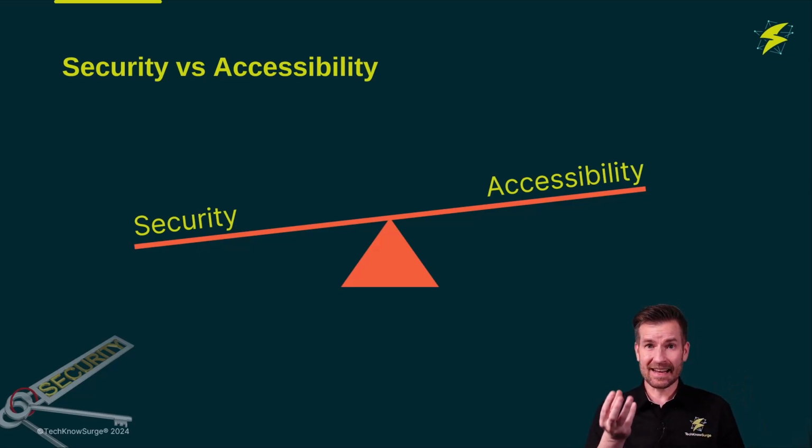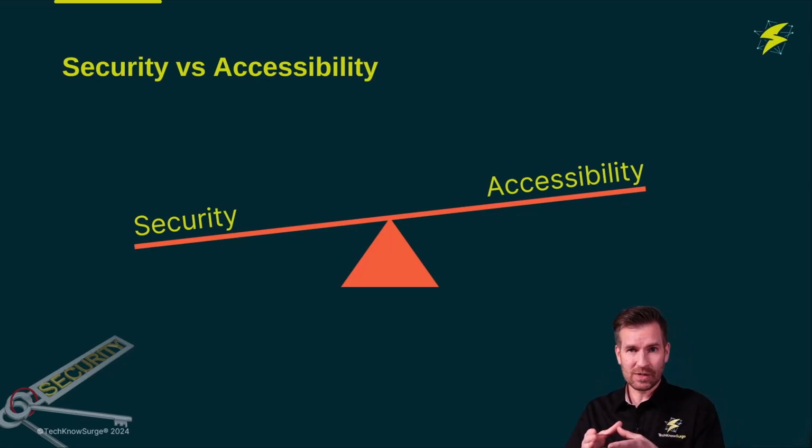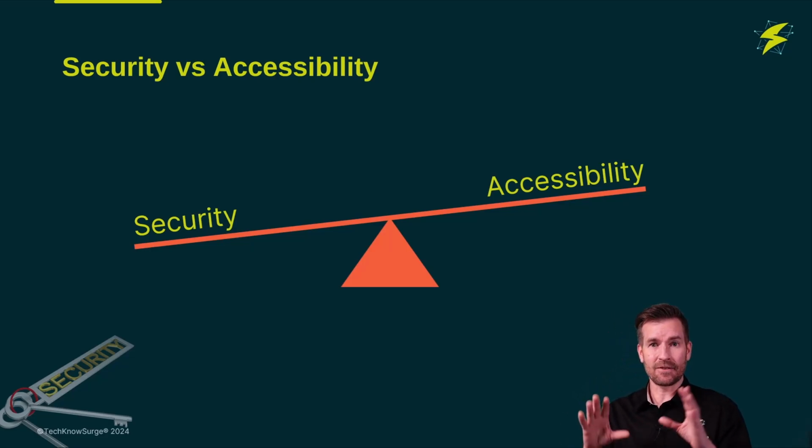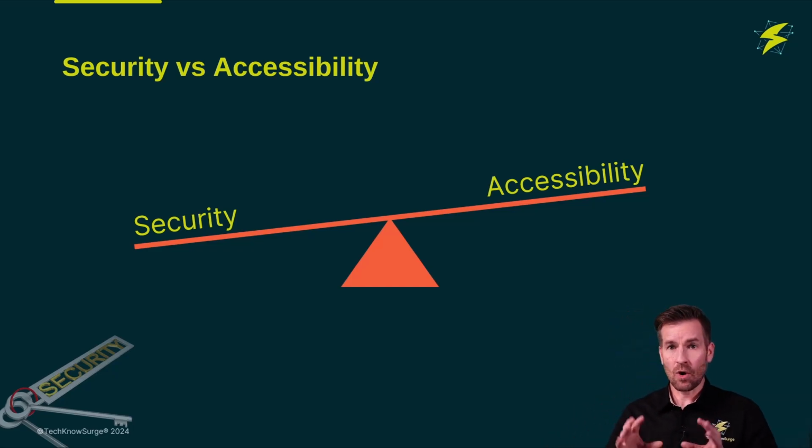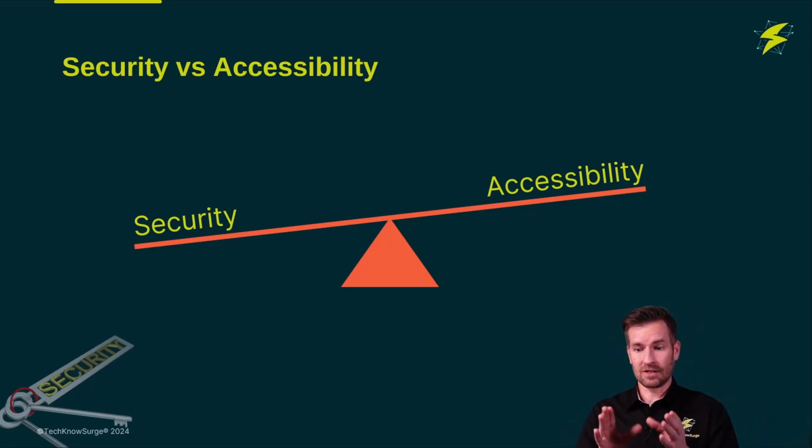But because that data is confidential and only certain users can have access to it, we put these controls in place to be able to screen or protect that data from unauthorized access, from threats out there that want to access that data. So the most secure thing we can actually do to protect that data is just unplug everything. Just don't give anybody access to that data. That is the most secure thing that we can do.